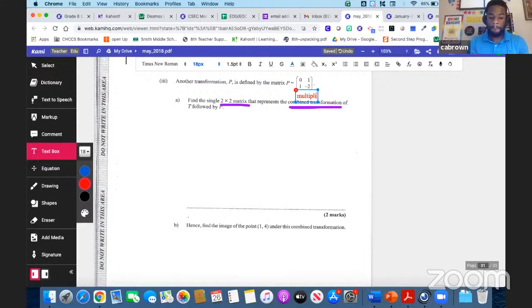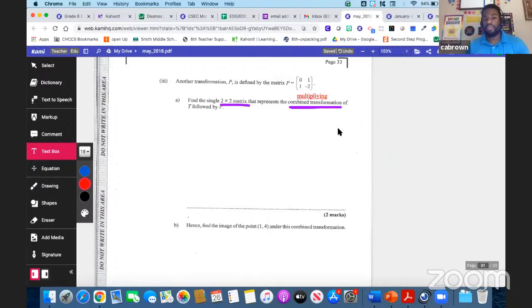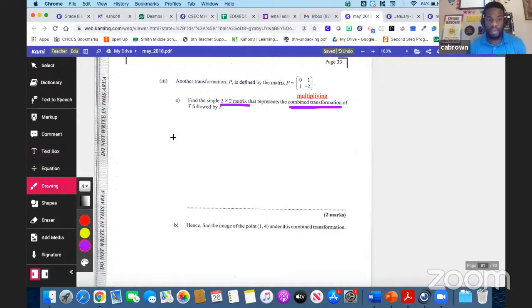So, multiplying. We need to find the 2 by 2 matrix that represents the combined transformation of T followed by P. This is a very controversial statement. T followed by P is actually saying that P is in front and T is behind it.